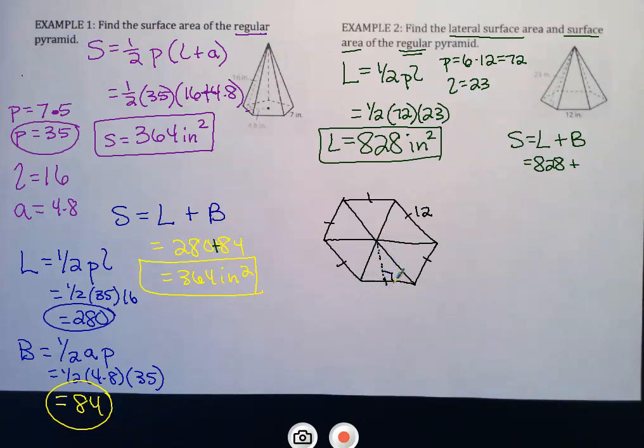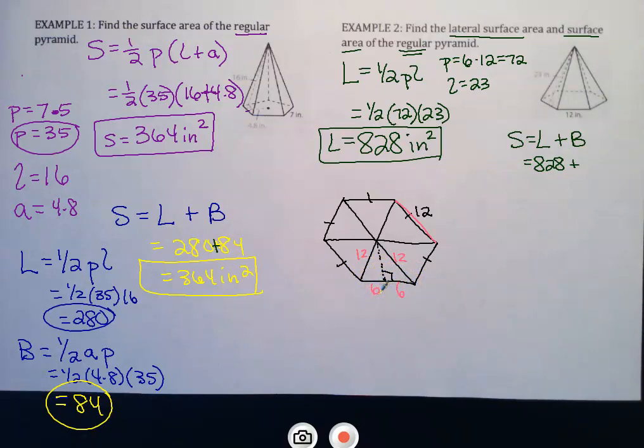Since it's a regular hexagon, they're equilateral. So if this edge is 12, how long is this edge here? 12. This is 12, and this side is 12. If I drew a perpendicular or an angle bisector here, the whole side is 12, so it's 6 and 6.